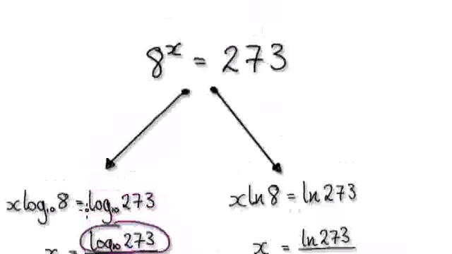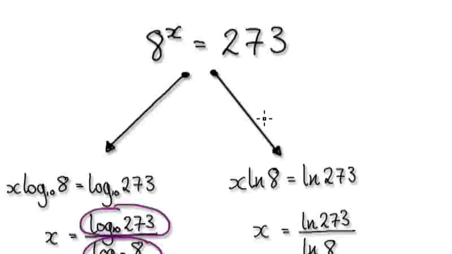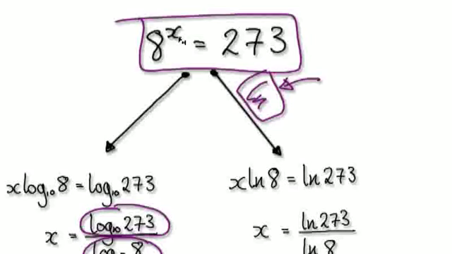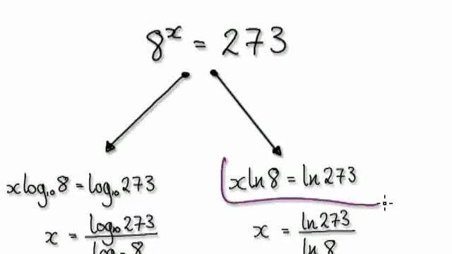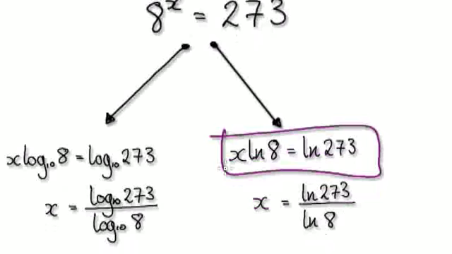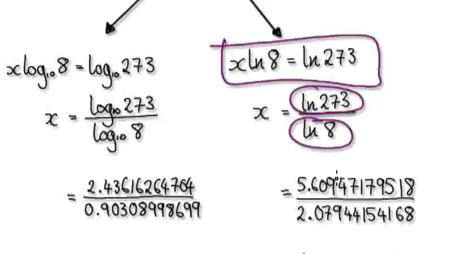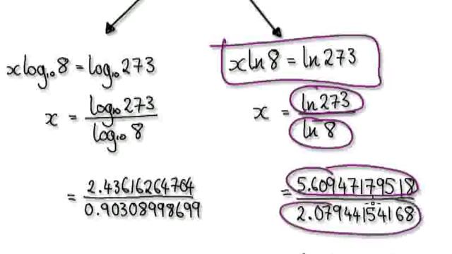Now going back to the start, let's take the ln route. You use the ln button on your calculator. Given this, ln both sides takes you to this. Natural log this, and natural log this, and that gives you this divided by this.